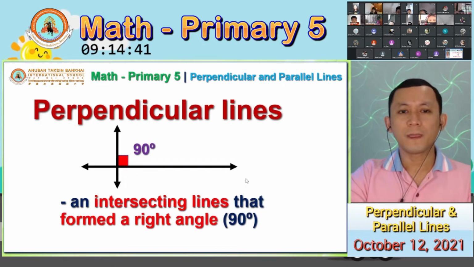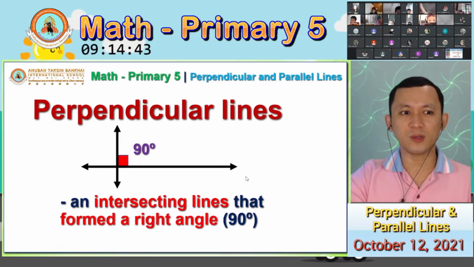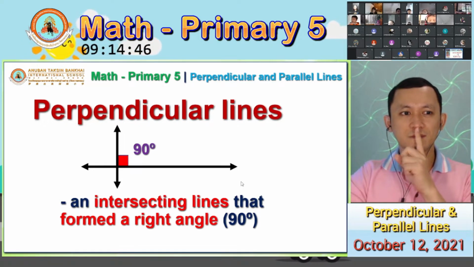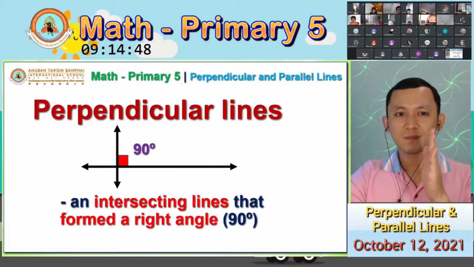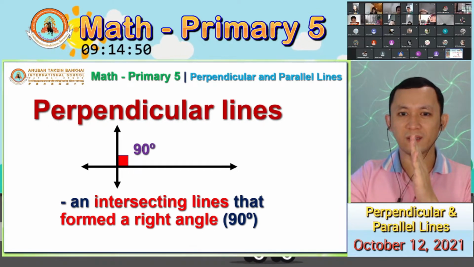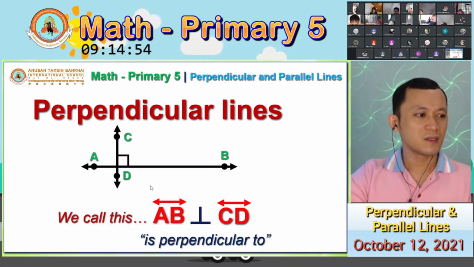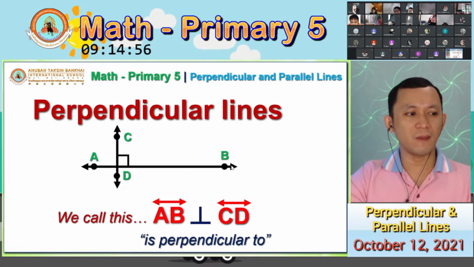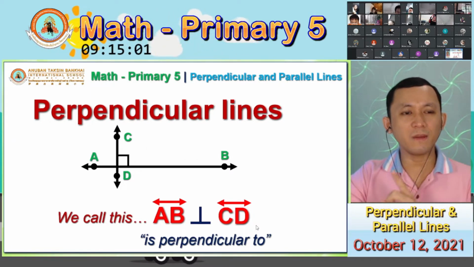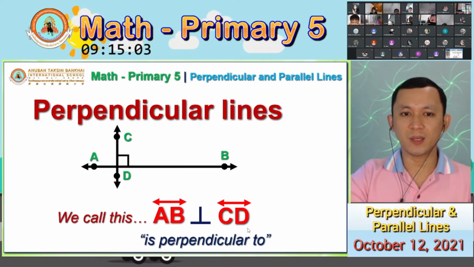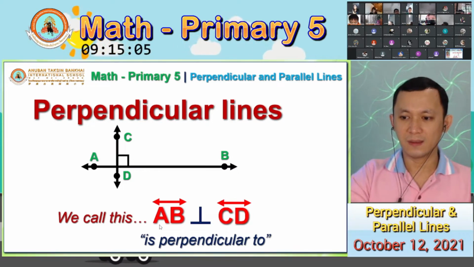Now we have perpendicular lines. How many degrees? 90 degrees. Okay, it is a right angle. So we have line AB and line CD. Line AB is perpendicular to line CD.